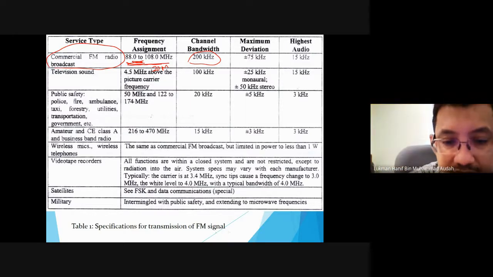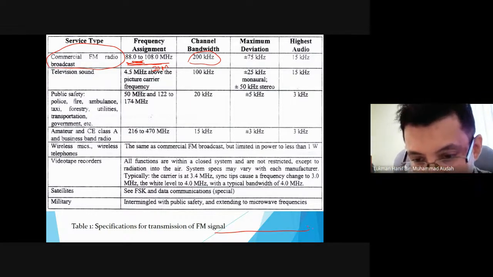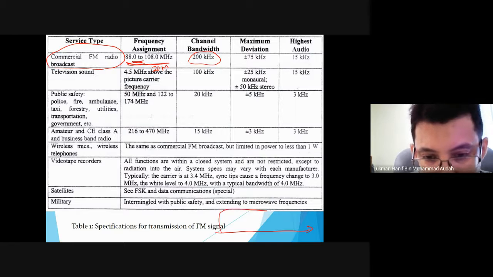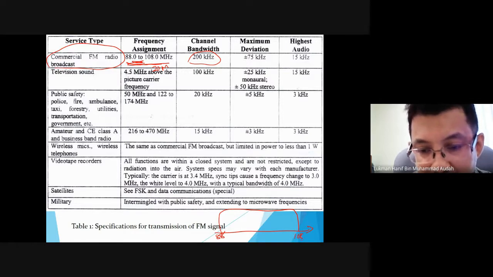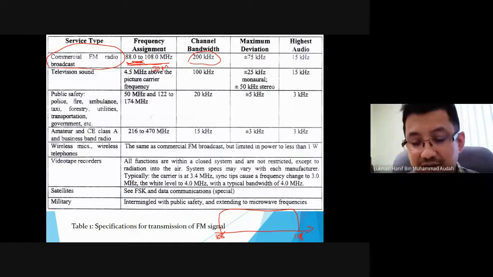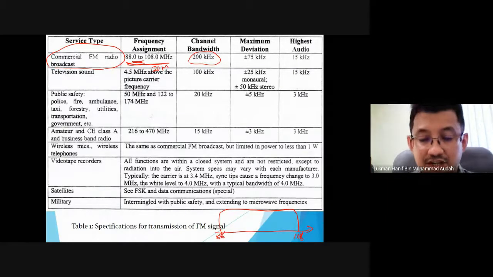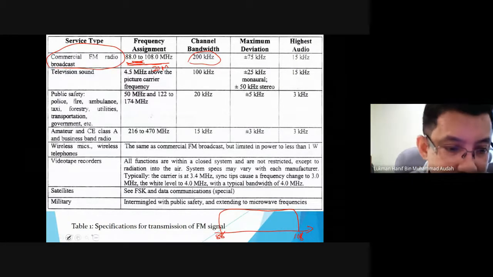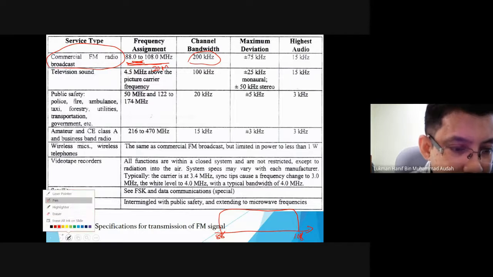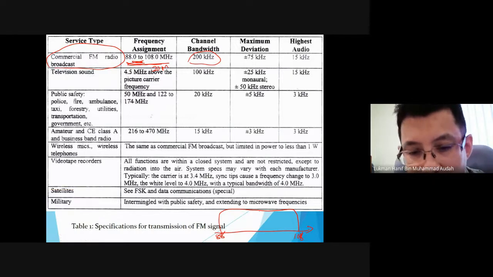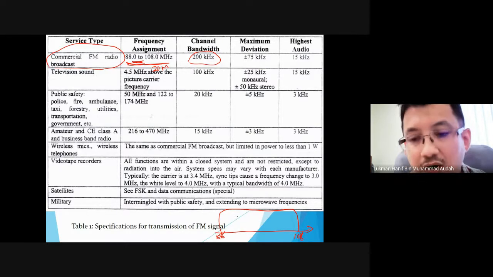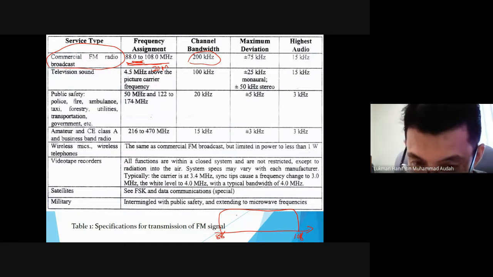Ini kalau kita lukis sikit. Okay, katalah sini adalah FM band. This is FM band from 88 until 108. So this is for FM frequency band. Okay, FM berada pada julat ini. And if I use a different color, within this bandwidth we can assign many channels or many radio stations.